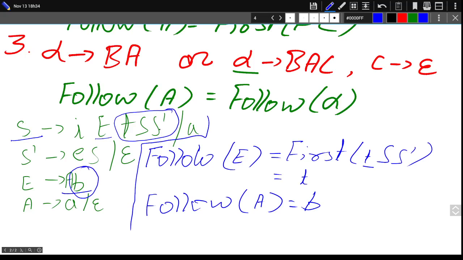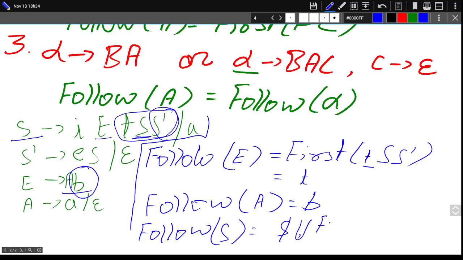Along with this, follow of S, since it is a start symbol, is dollar, as well as it is also appearing on the right hand side here, so it is union first of S dash.